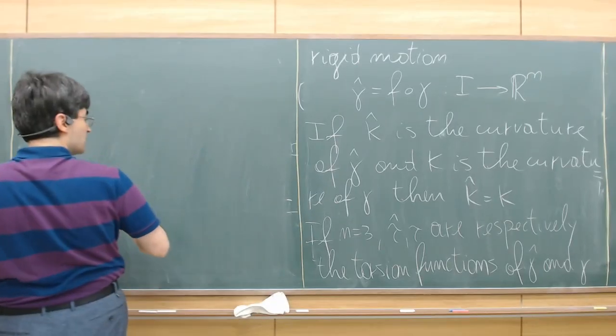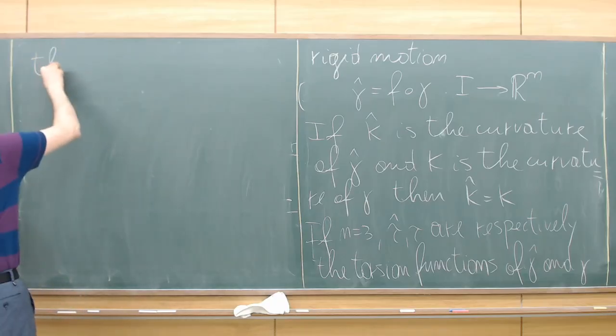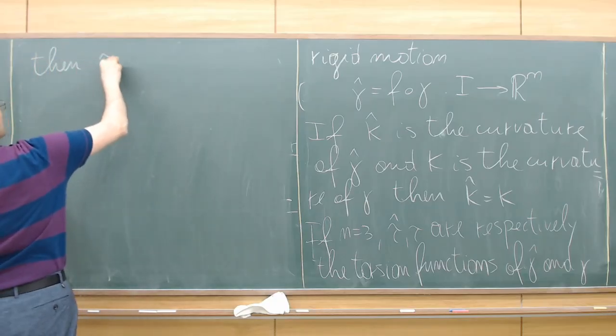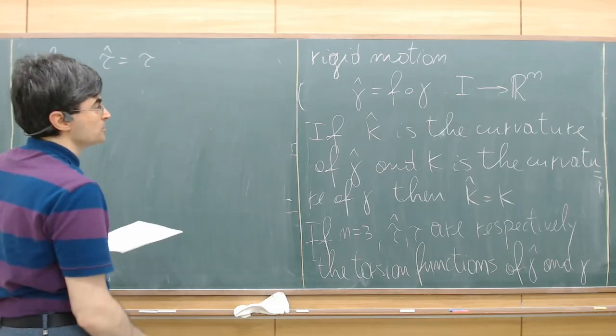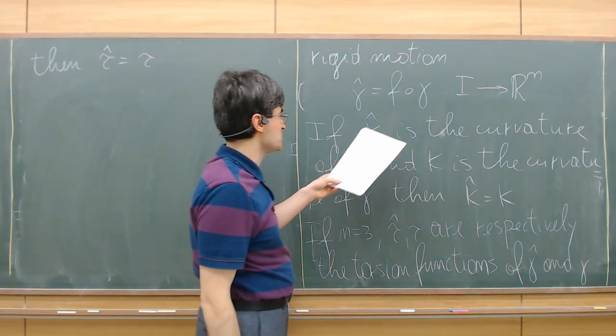Then you have tau hat equal tau if the rigid motion is proper.